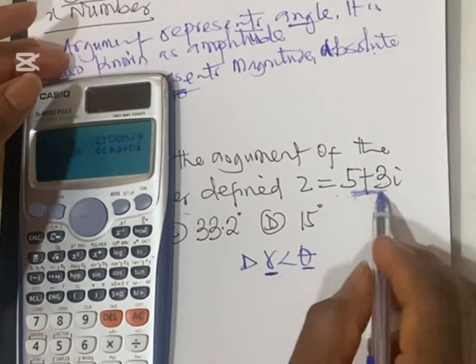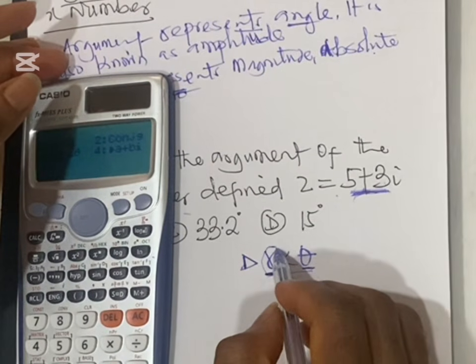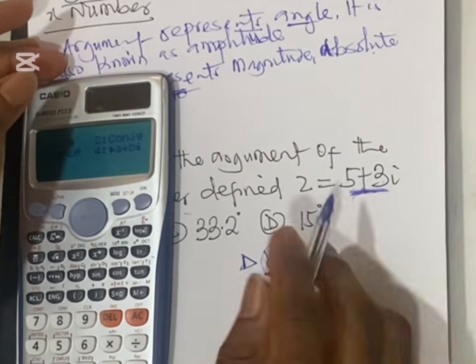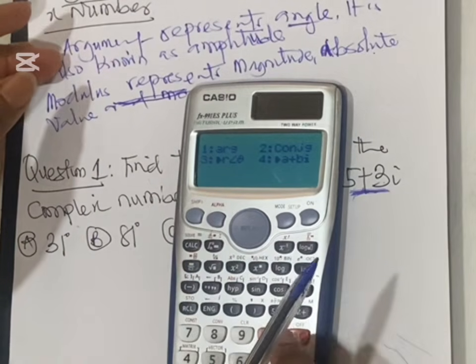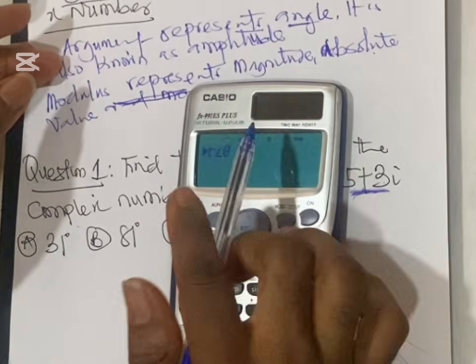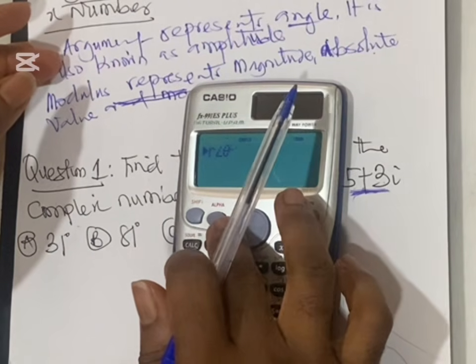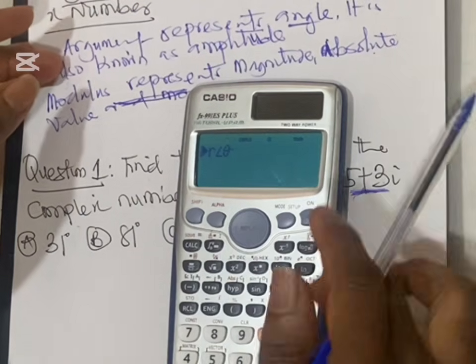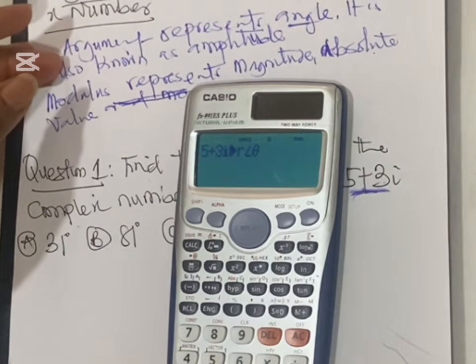We are converting from this form to this form, having magnitude and also having angle. So how do we do that, class? This is number 3. We press 3. I will shift this cursor here to the end using this control button. Now type it the way it is, that is 5 plus 3 ENG.